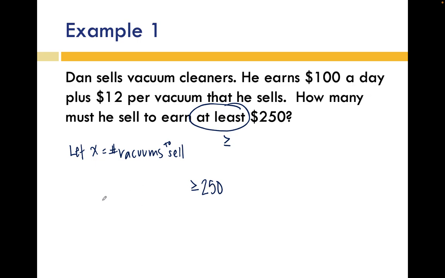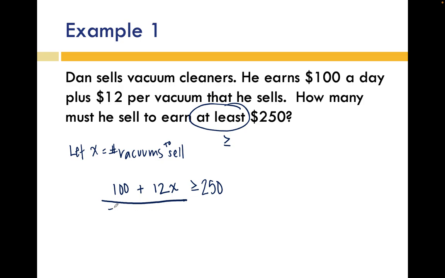His earnings are going to be represented on the other side of the inequality. We already know he earns $100 a day, and he also earns an additional $12 per vacuum. So that would be 12x. Our inequality would look like this: 100 plus 12x is greater than or equal to 250.